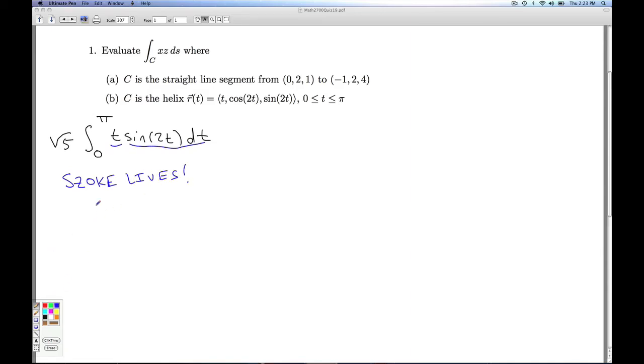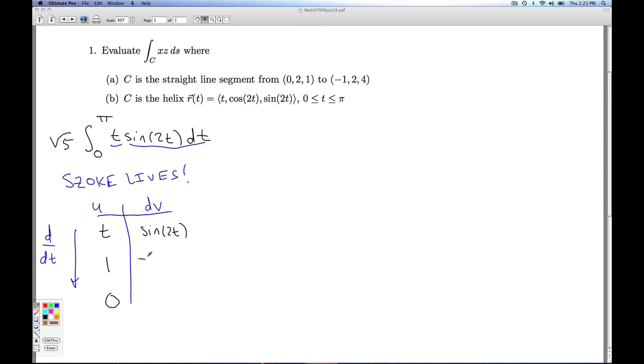And so I'm going to have a little table here for u and dv. So u I'm going to pick as t, and then I'm going to take derivatives of this until they zero out. Alright, so that's what we do here, is we take the derivative until it zeroes out. And then on the dv column, we put down the dv function, and then we integrate that thing until we get down to the bottom here.